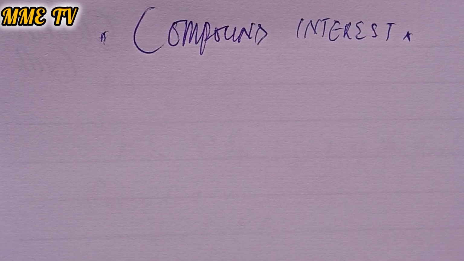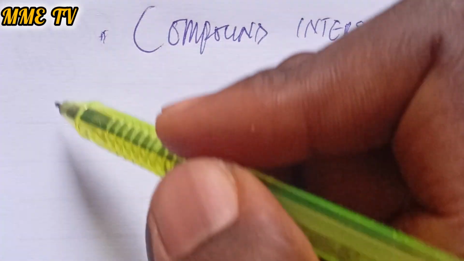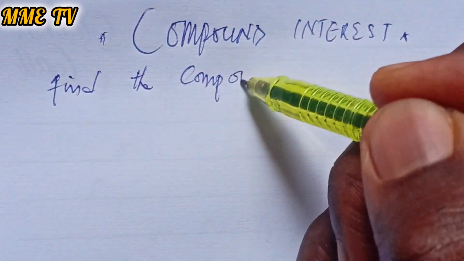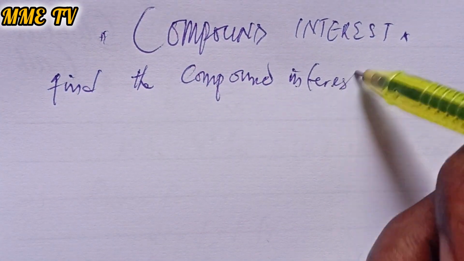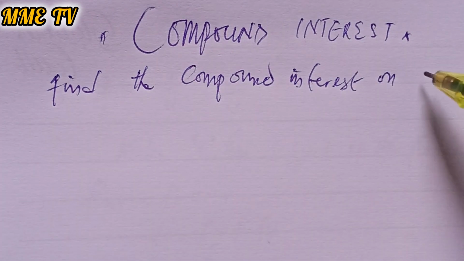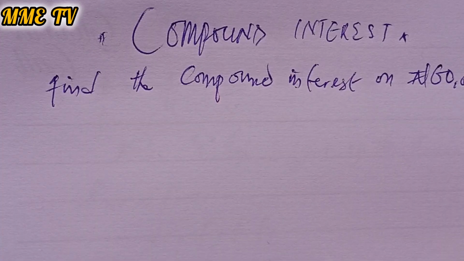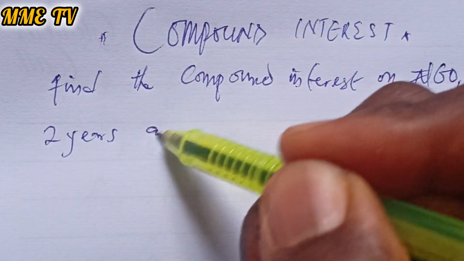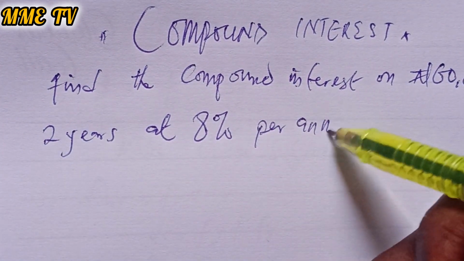Assuming that you find yourself on a topic like compound interest and they say that you should find the compound interest on 60,000 for 2 years at 8% per annum.